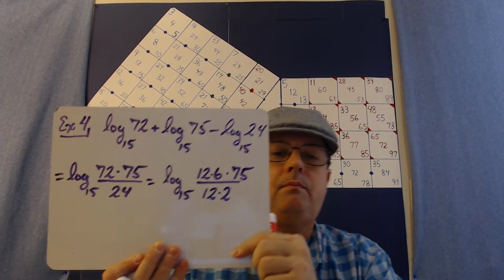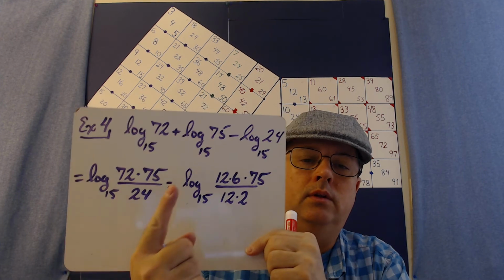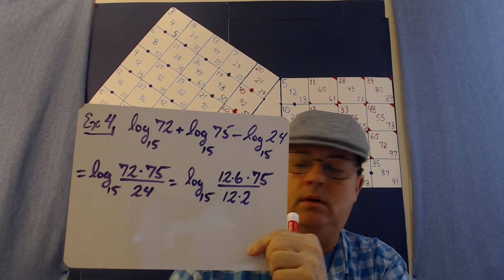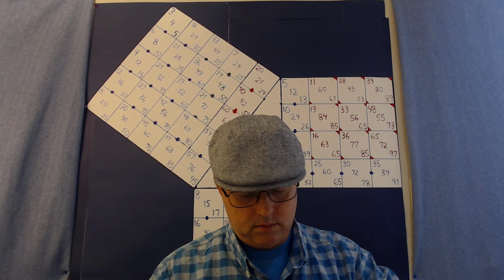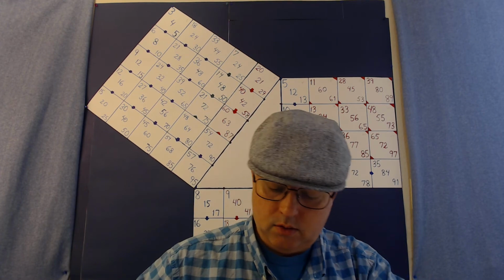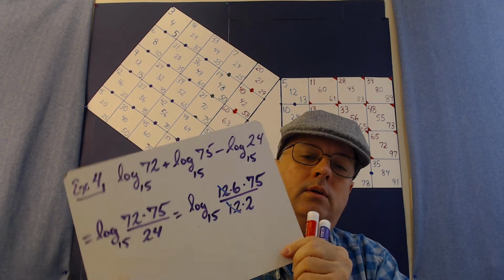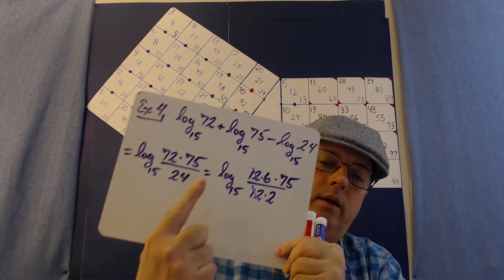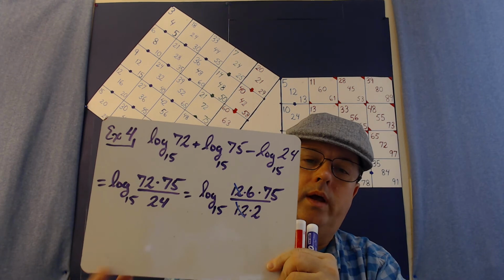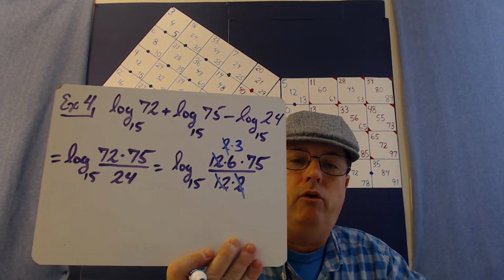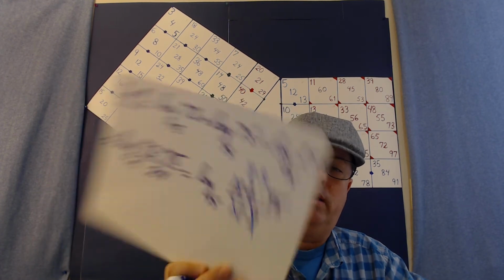Okay. And so now the 12s would divide out. And so let's divide those out. And then here, 6 divided by 2 is 3. Okay, so it's like we have 2 times 3, and we're dividing out the 2's there. All right, so now we have 3 times 75.